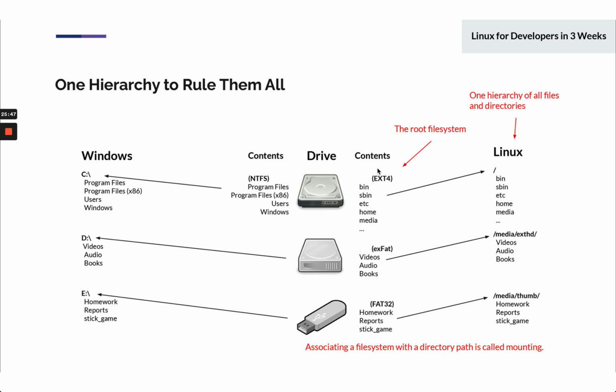And maybe it might be mounted on /media/thumb. And so homework, reports, and stick game show up there. So there are no drive letters, and it's a single hierarchy of files and directories. As you traverse down a path, you might be interacting with 1, 2, 3, 4, or even more different file system types as different media is mounted under different directories in there.